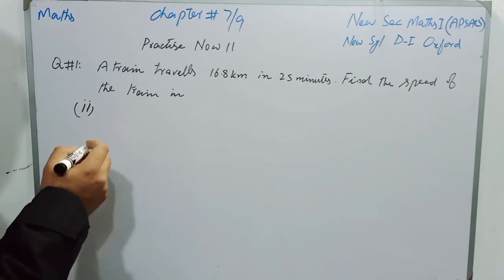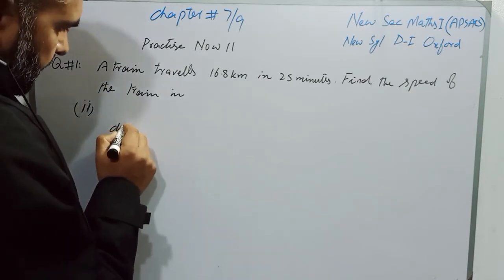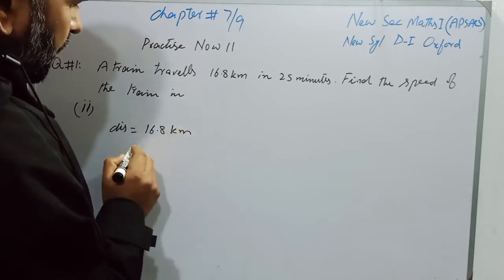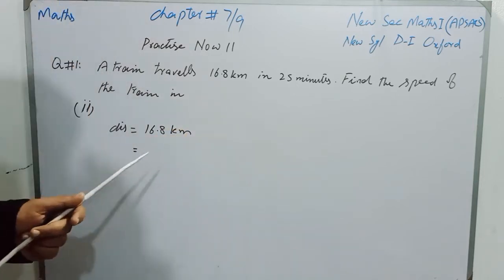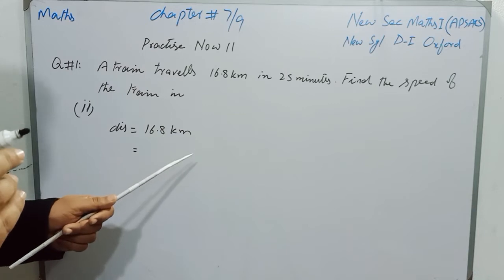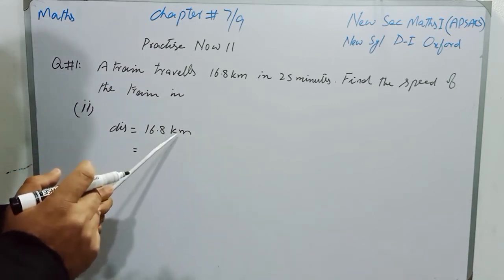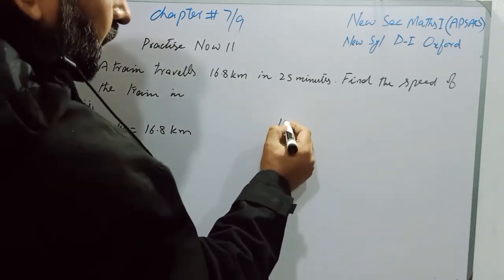So students, first I will write distance is equal to 16.8 kilometer. I will convert the distance from kilometer to meter, and you should keep in mind that there are 1000 meters in 1 kilometer.